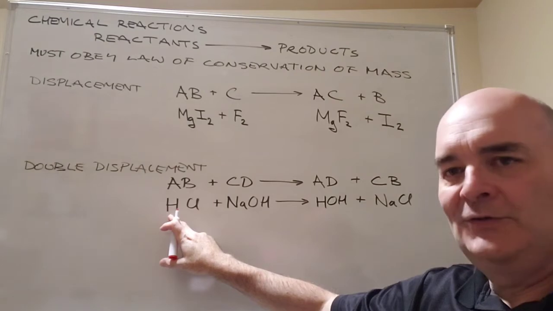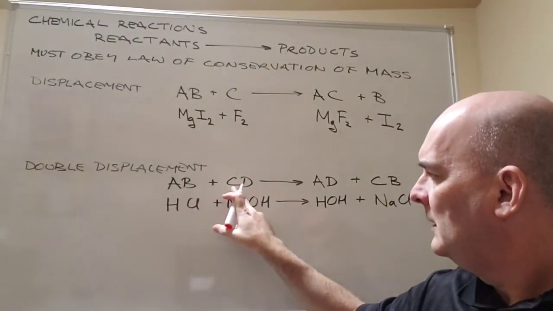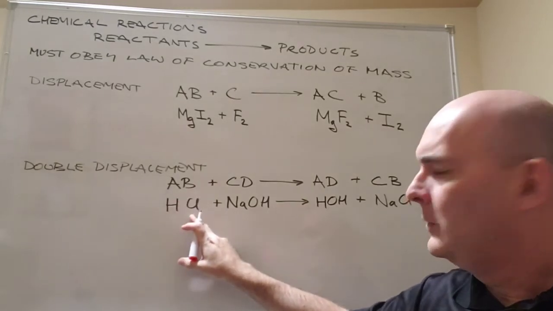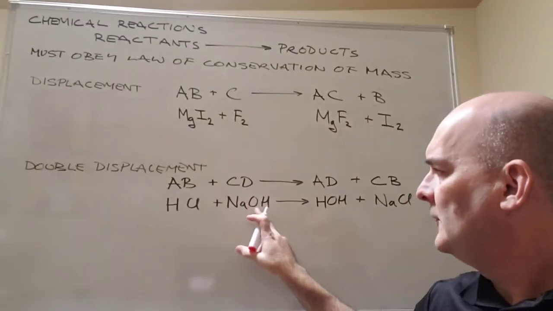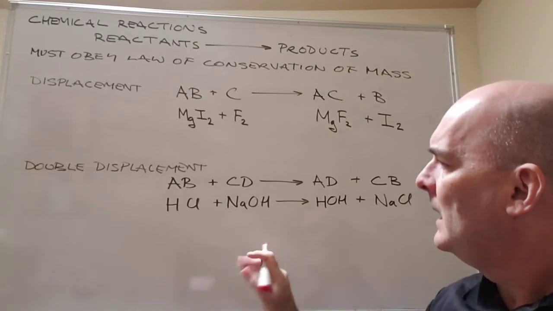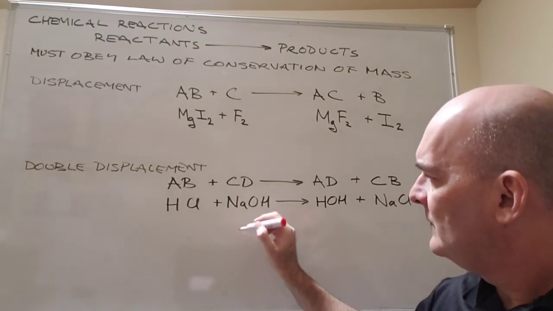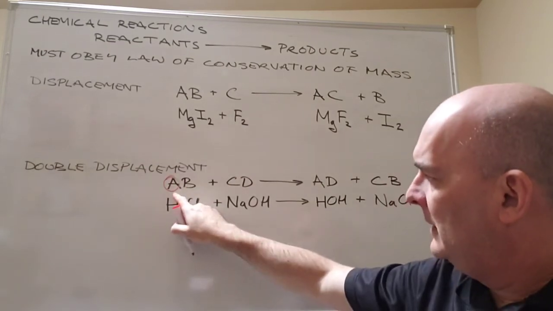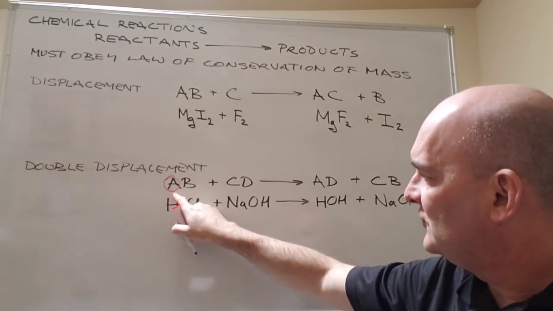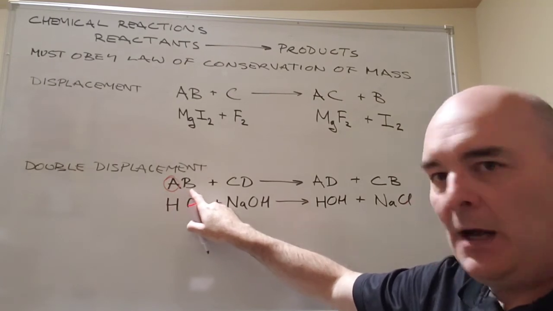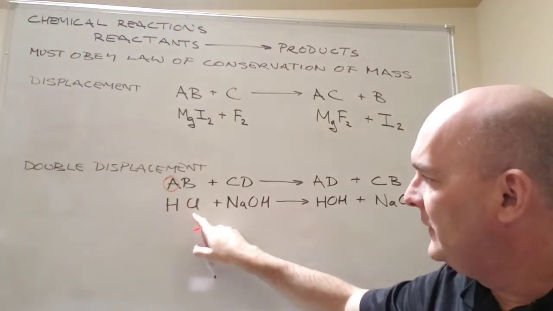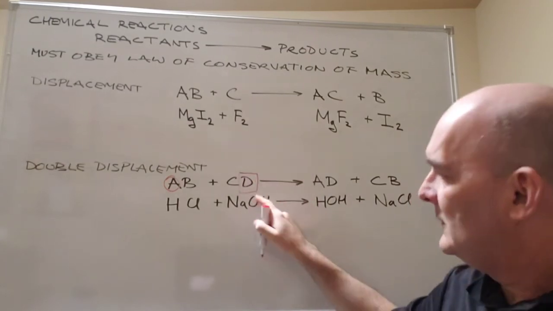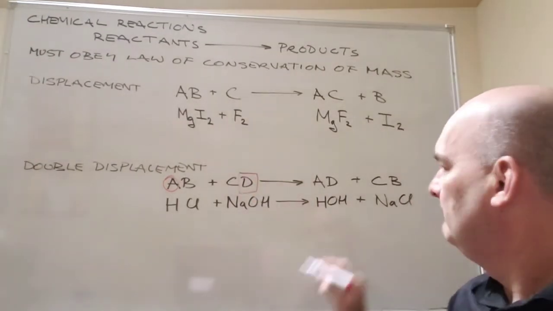So here, hydrogen from group 1, sodium from group 1, chlorine from group 7, oxygen from group 6. What's going to happen is I'm going to take A and switch its anion for the one that it's reacting with.